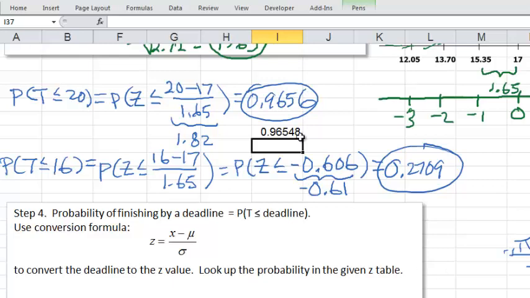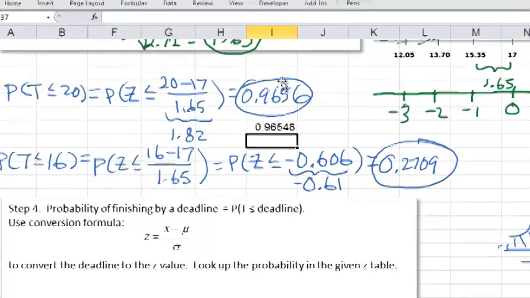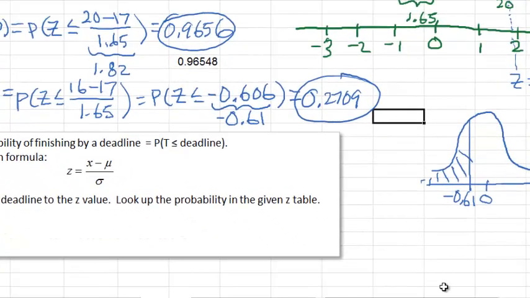0.96548. There's a slight difference here because our table shows you the area under the curve for the z-value rounded to the second decimal digit, and with the Excel function we don't have to worry about that. And here, just again for demonstration, we'll do the second one.